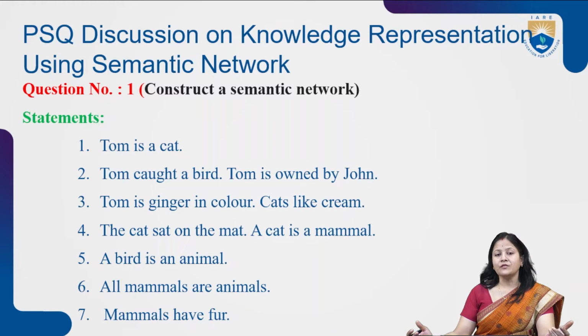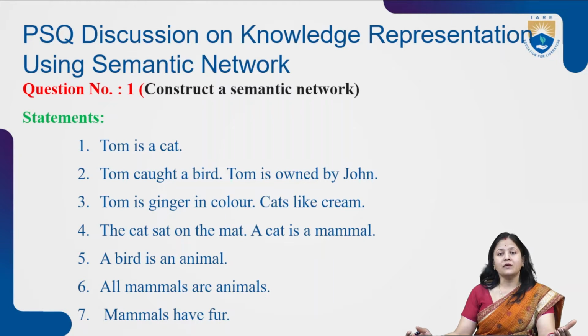Knowledge representation is one part of artificial intelligence which plays a crucial role in making the system intelligent. Different types of knowledge representation techniques are there. We can represent the knowledge in the form of logics like propositional logic or predicate logic. We can use procedural rules like facts and axioms.